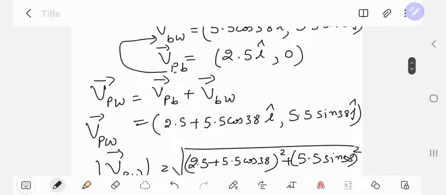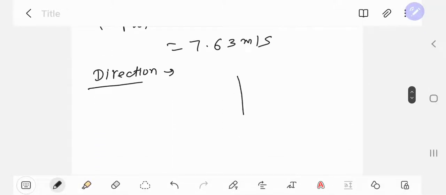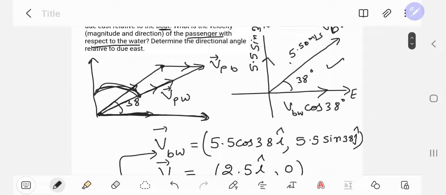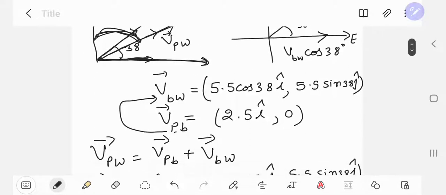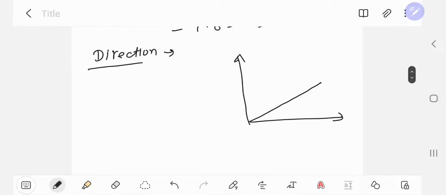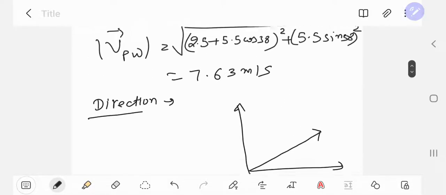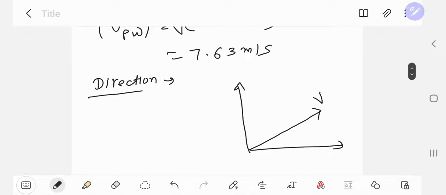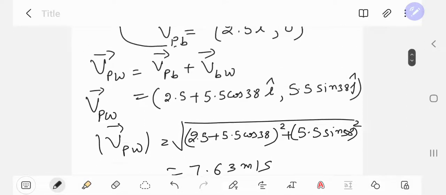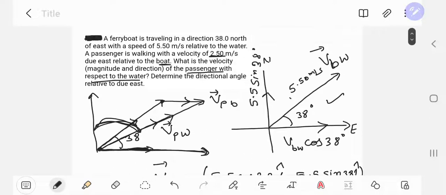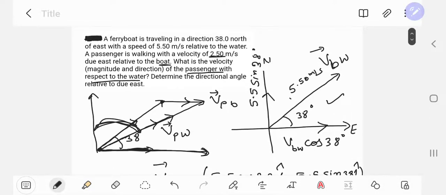Okay, so I will show you here with another diagram that we calculated the resultant component, which is not the one with the 38 degrees. This is the velocity of the person with respect to water, and this is the direction of the first part, which is due north.